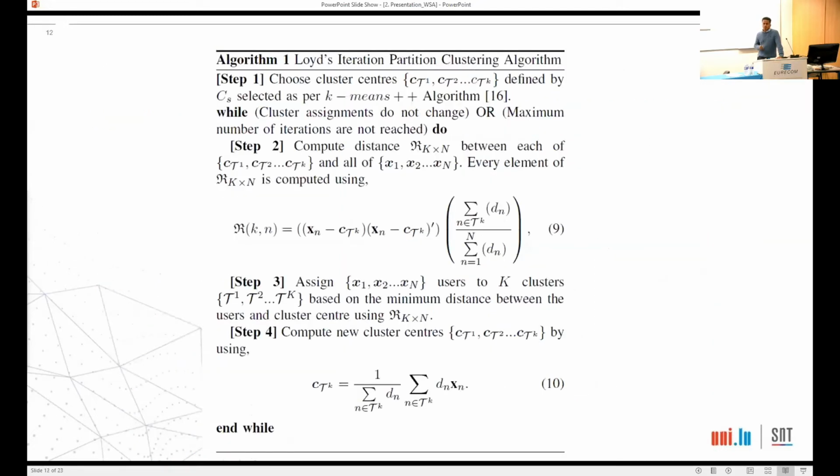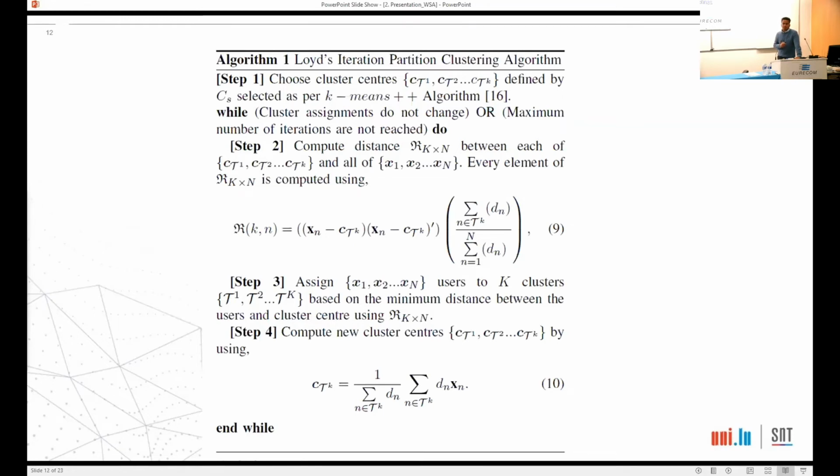To solve that particular problem, we use something called Lloyd's iteration partition clustering algorithm. It goes like this. We first select the cluster centroids, using the popular k-means++ algorithm. And then we run this in a while loop. Step 2 is to compute the R matrix, which is the distance between the cluster centroids and the user locations using equation 9.